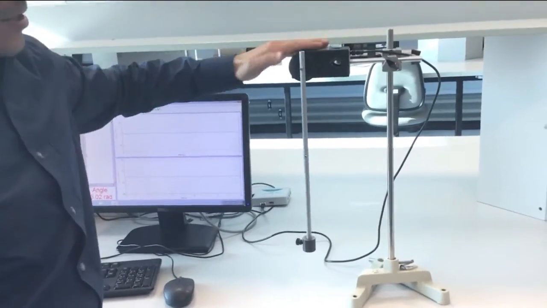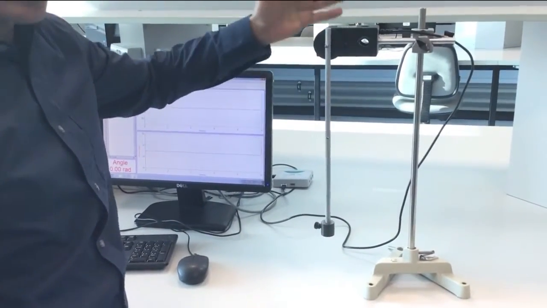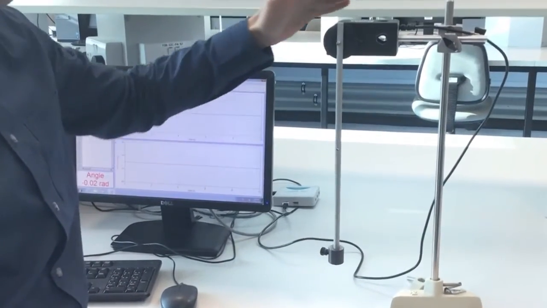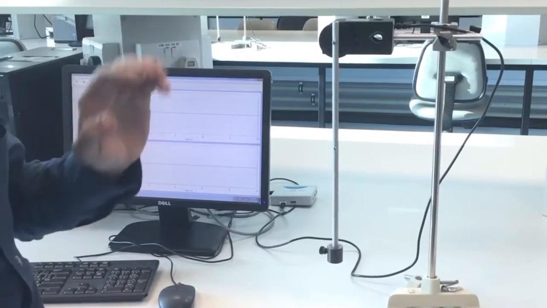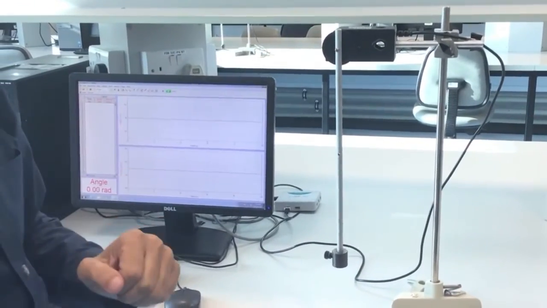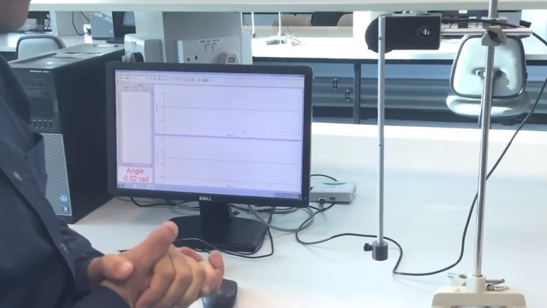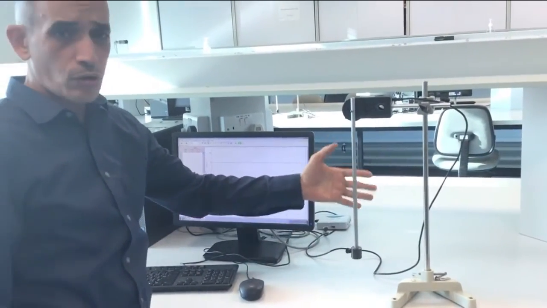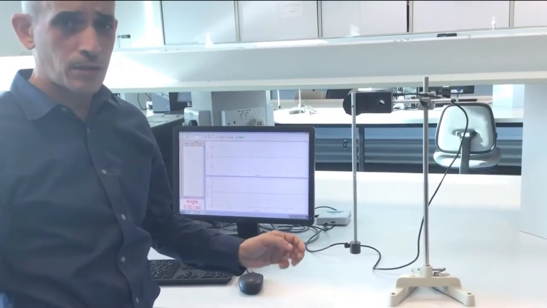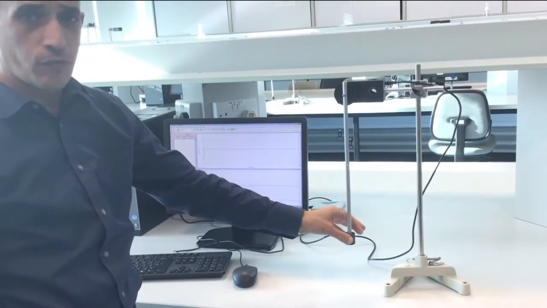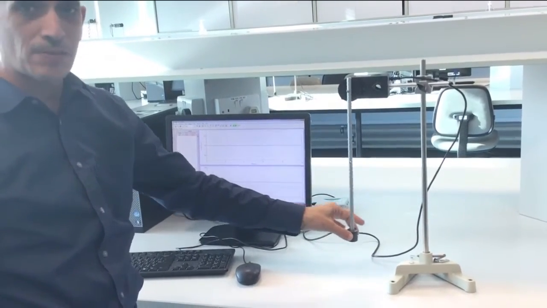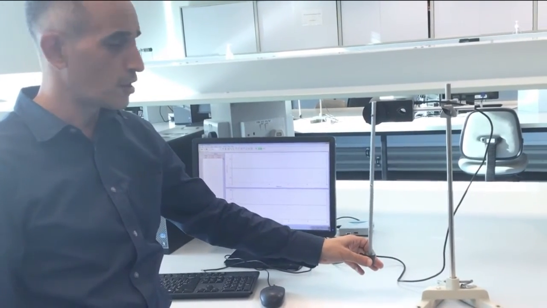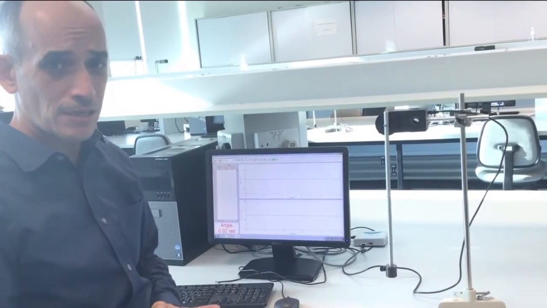Now this here is a rotary motion sensor, which measures the angle of rotation. The computer uses this data to plot a graph of position versus time, and also angular velocity versus time. Furthermore, for simple harmonic motion, the angle of maximum displacement from equilibrium should be small in order for the motion to be simple harmonic.